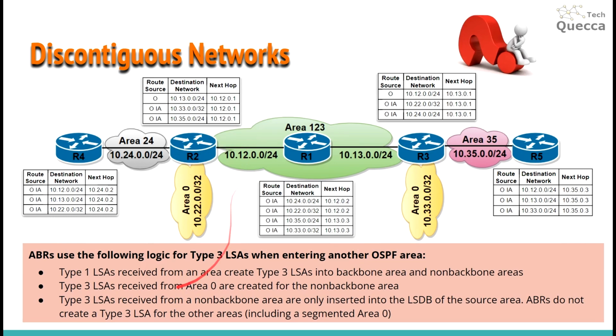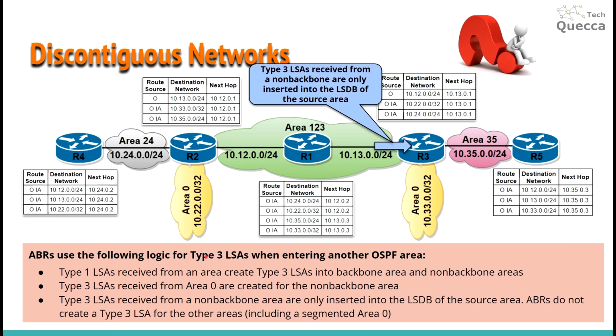And the last one, type 3 LSAs received from a non-backbone area are only inserted into the LSDB of the source area. ABRs do not create a type 3 LSA for the other areas, including a segmented area 0. When an ABR receives a type 3 LSA from a non-backbone area, it only inserts it into the LSDB of the source area on itself. And the ABR does not create a type 3 LSA for other areas.